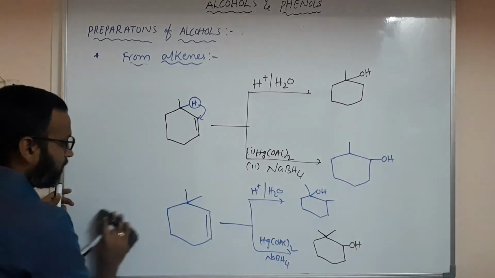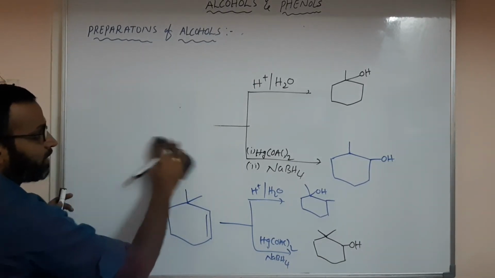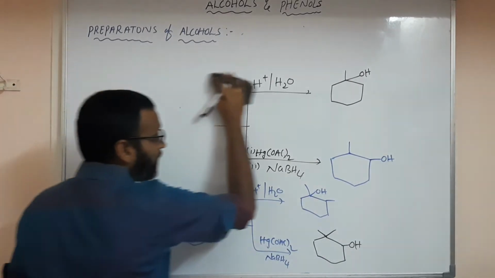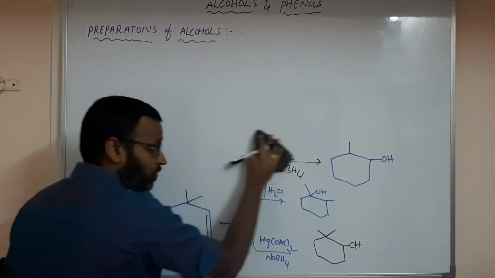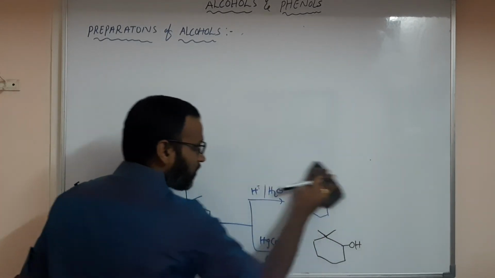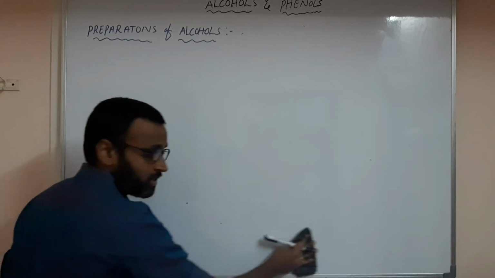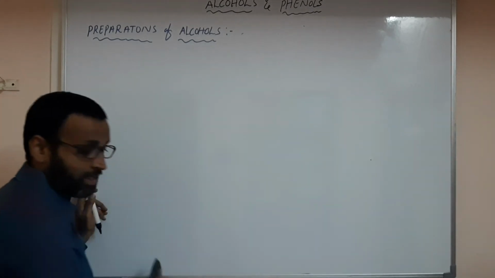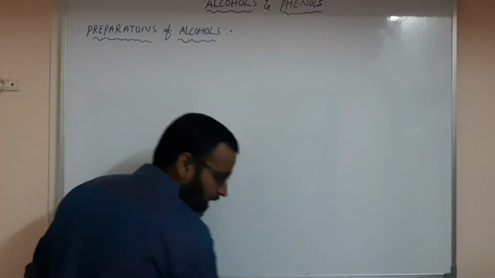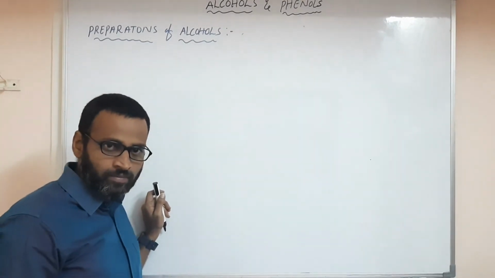So this is about alkenes, oxymercuration and demercuration. Please remember everyone: alcohol forms on addition of the oxymercurating agent and demercurating agent, by Markovnikov rule and without rearrangement.